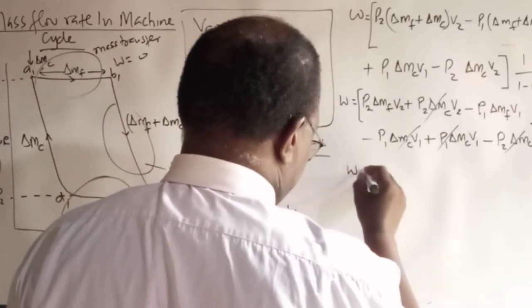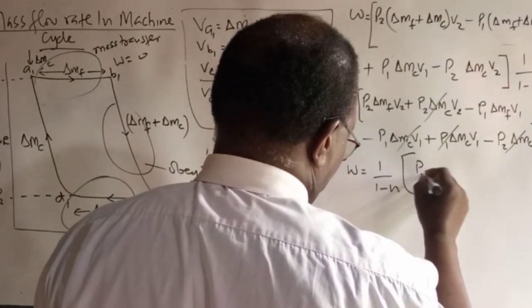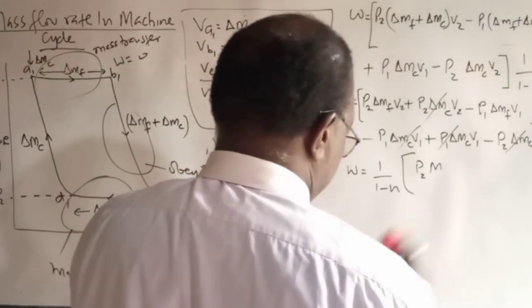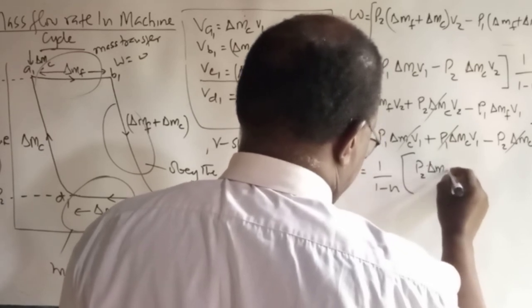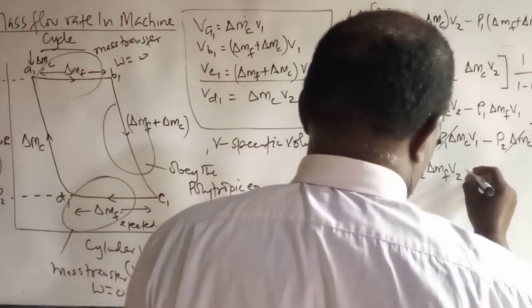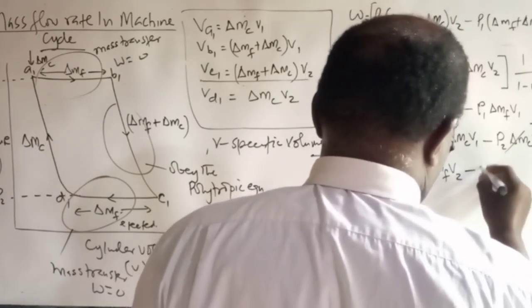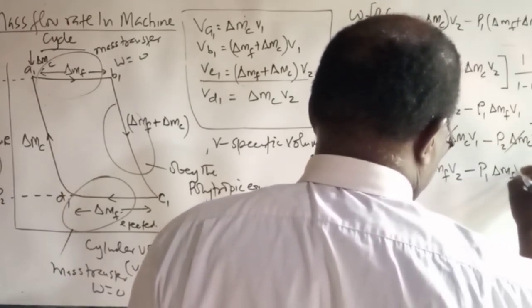So we seem to be left with 1 over 1 minus n into P2 delta MF V2 minus P1 delta MF V1.